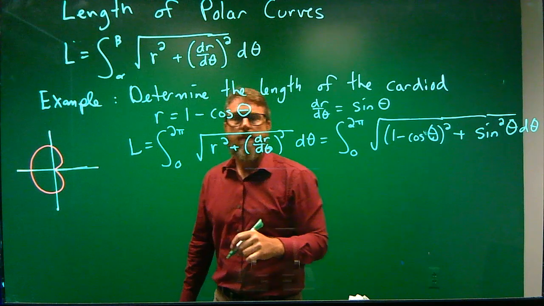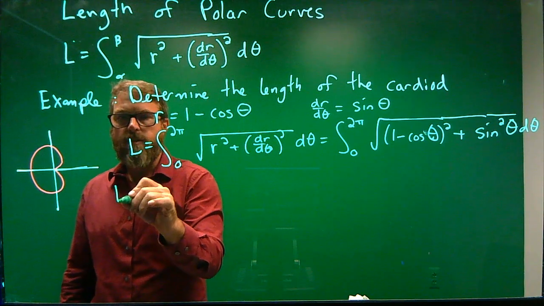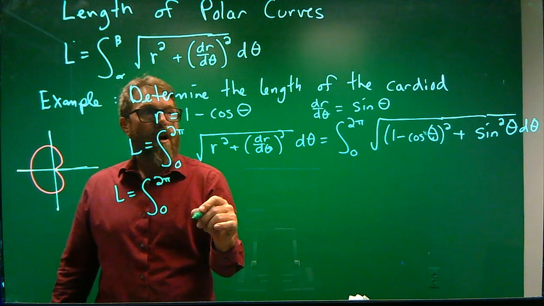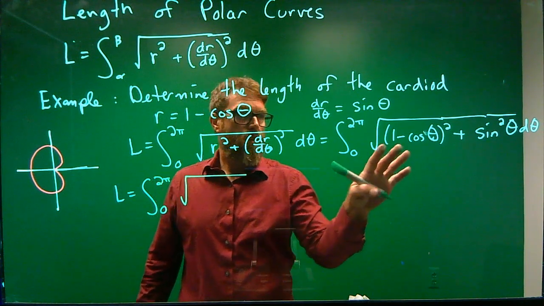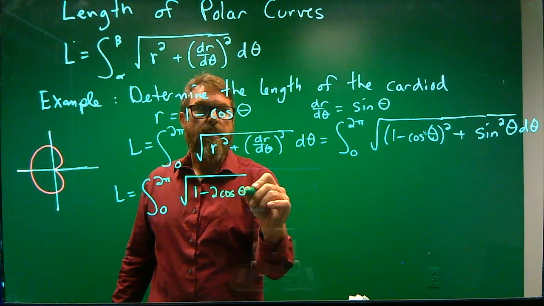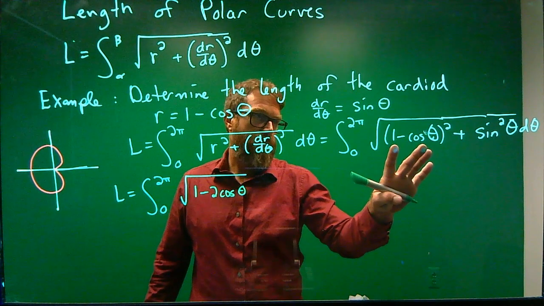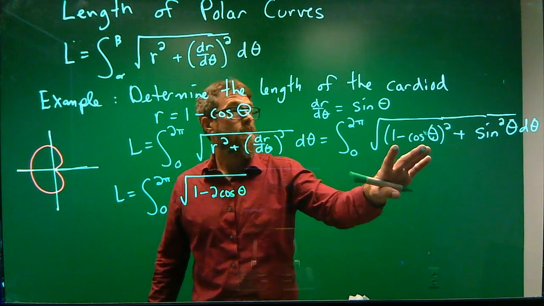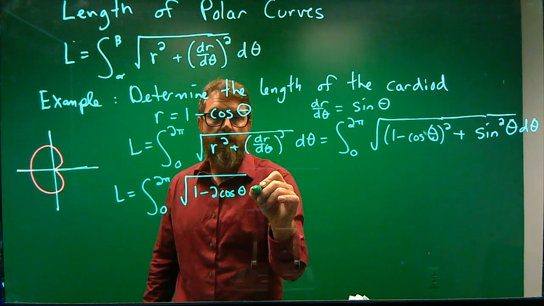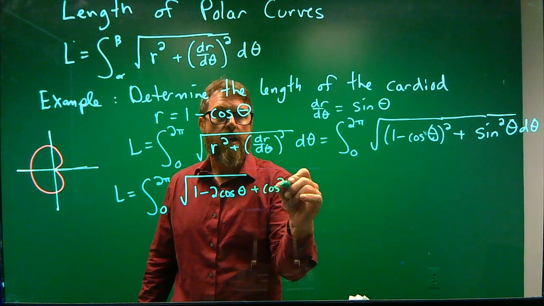So we'll do some simplification and see if there's anything we have to do here. L is equal to the integral from 0 to 2 pi of the square root. Squaring this, we're going to have 1 minus 2 cosine theta; 1 times minus cosine outside, and minus cosine inside gives minus 2 cosine. Then cosine times cosine, with the negative, gives positive cosine squared of theta.